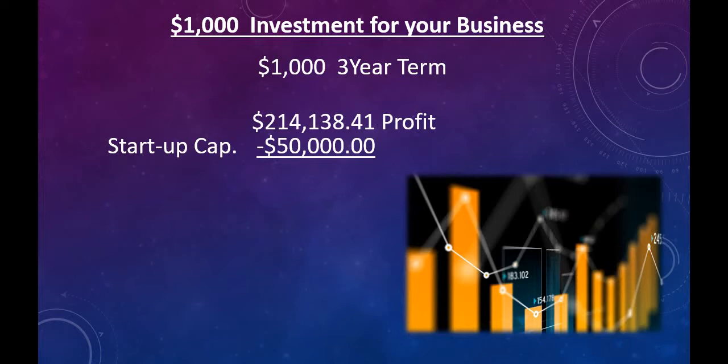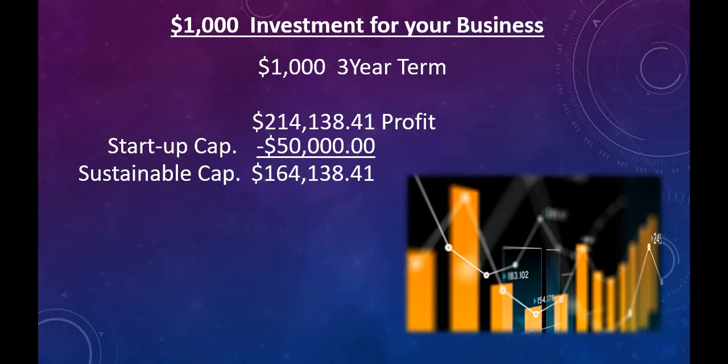Now we have the startup cost. We're going to take $50,000 to start up the business, and that's going to leave us with $164,138.41. And that is our sustainable capital. So what we're going to do is take this sustainable capital and come up with our working capital.